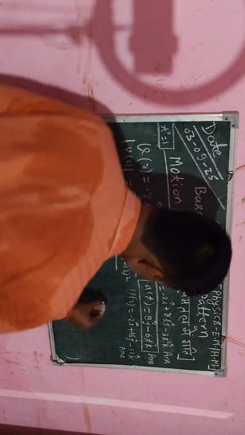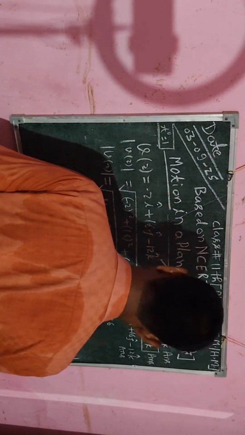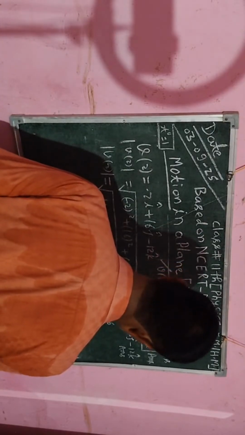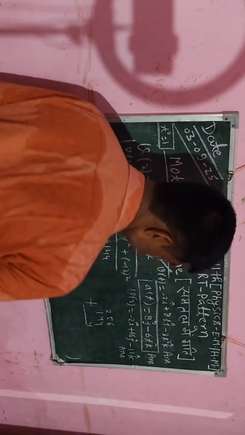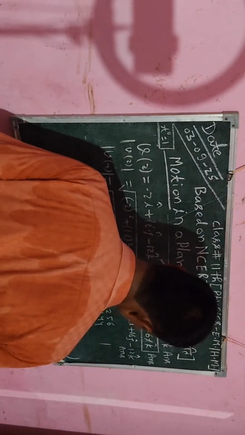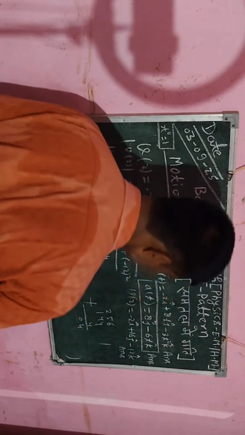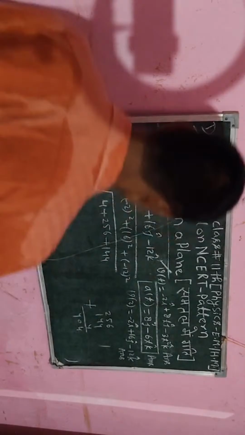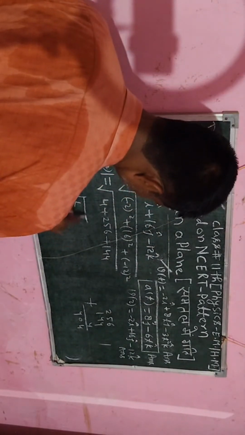Now here I have to add 256, 144 and 4. Adding them gives 404, and here I will write the square root of 400.